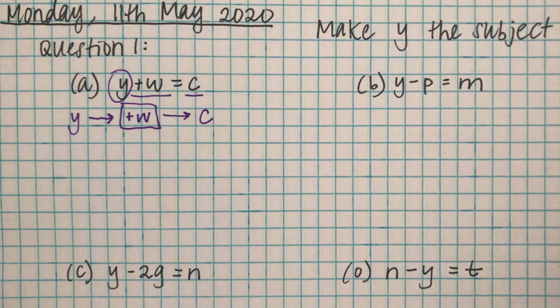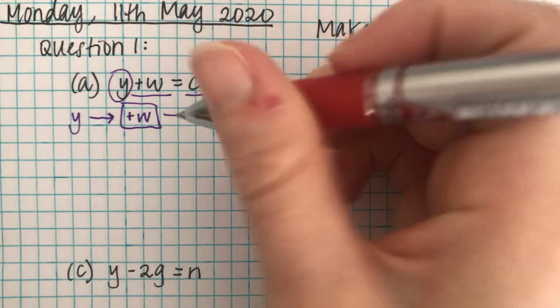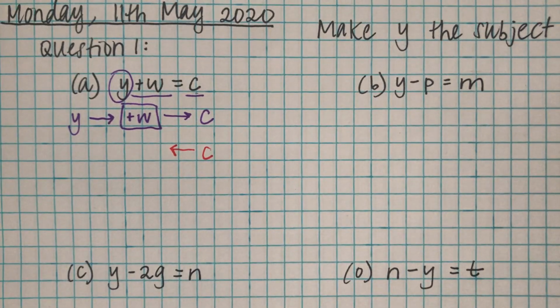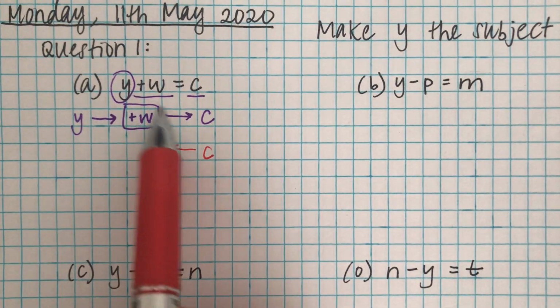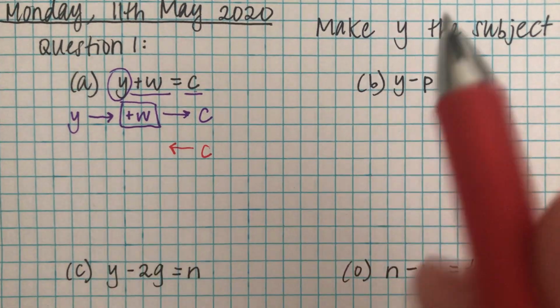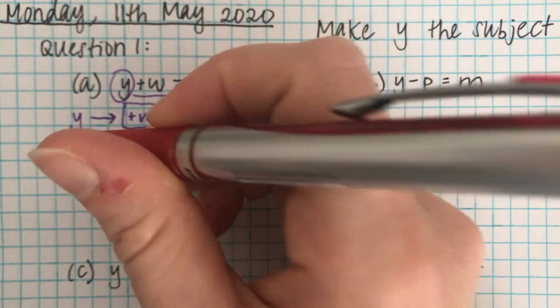But what I want to do now is flip that function machine around so that I can make y the output. So that means I'm going to take c and reverse everything that I see in the function machine. If I have plus w, I know the opposite of plus is minus. So I take minus w, and that gives me the result of y.